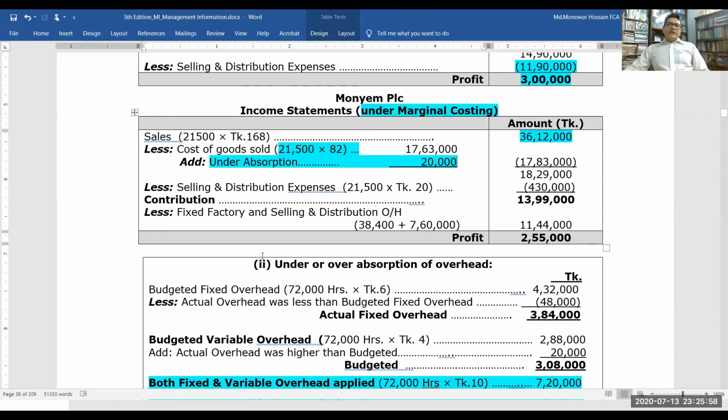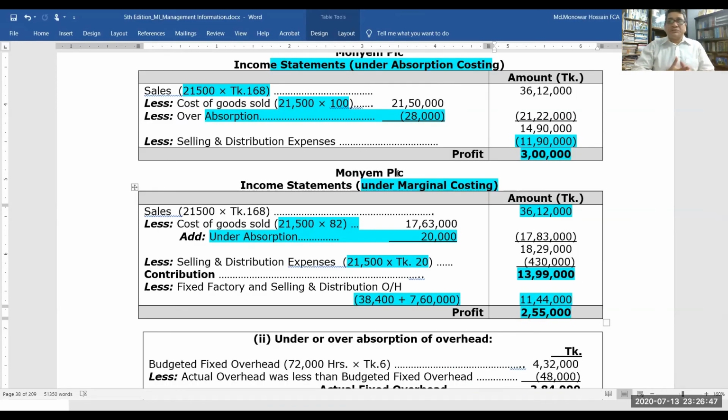17,83,000. And if we less selling and distribution expenses, 21,500 multiplied by 20, then you get 4,30,000, and the contribution is 13,99,000. So if we less from that fixed factory and selling distribution overhead, we get this one, and then the profit would be 2,55,000.